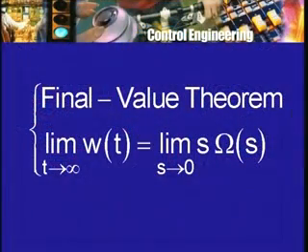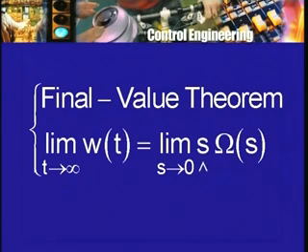If I am looking at the final value of the speed, which is the limit as t tends to infinity of omega t, then what did the final value theorem tell us? That this limit, that is the limit of a function as t tends to infinity, which is called the final value of the function, is given by the limit as s tends to 0 of s times omega s.